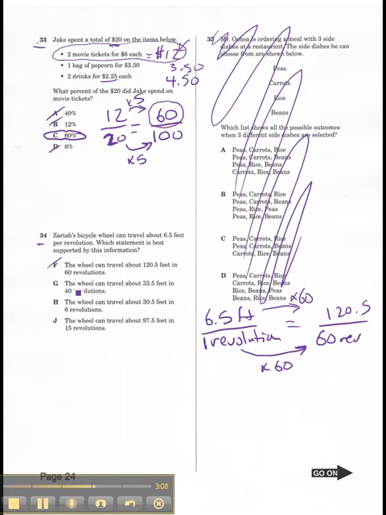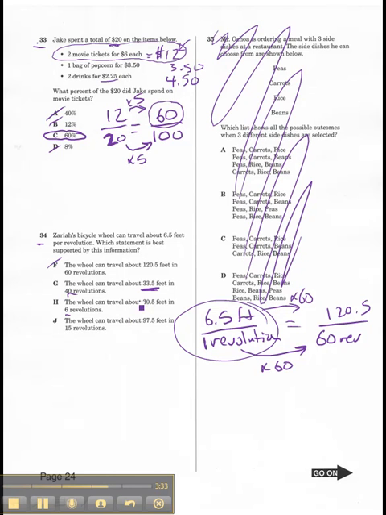Basically, to solve this problem, you're going to multiply this unit rate times the number of revolutions until you find the one that matches that number of feet. And you can estimate on all of these and rule them out. 40 revolutions, 40 times 6 would be 240. That's nowhere near 33.5.